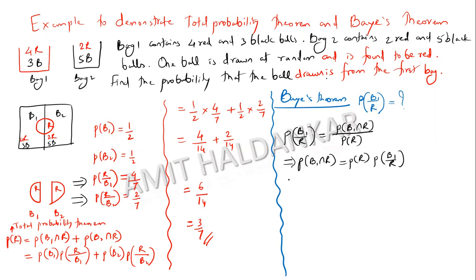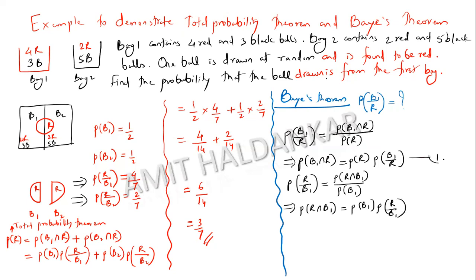So if I want to use P of R by B1, B1 will become the sample space, which will come in the denominator, and the intersection of R and B1 will come in the numerator. And now I can also write it as P of R intersection B1 is equal to P of B1 into P of R upon B1. Now this is your equation 1 and this is your equation 2.